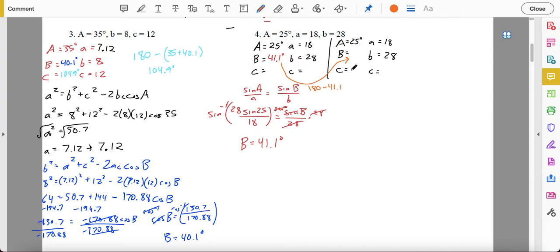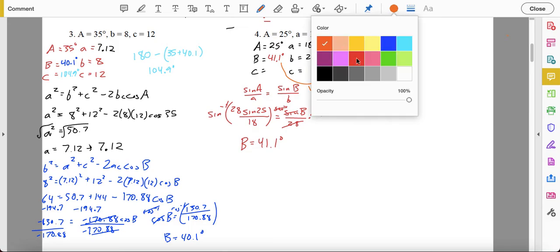Okay, so 180 minus 41.1. So we get 138.9 degrees. And that's what goes into our second triangle. So that's the only time these two triangles interact. And now we solve them both separately.